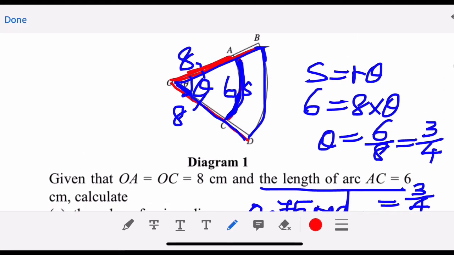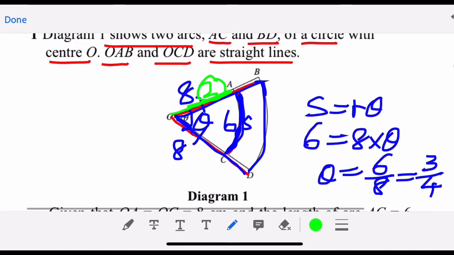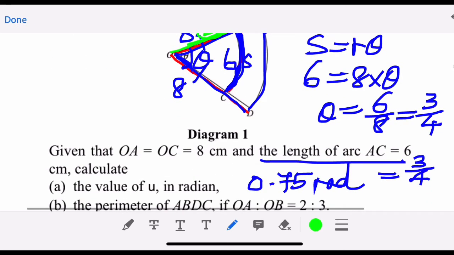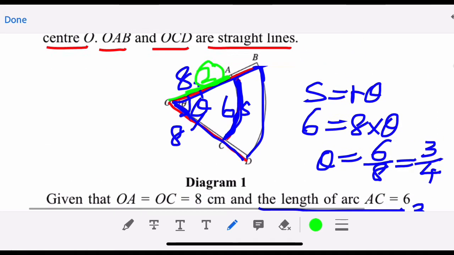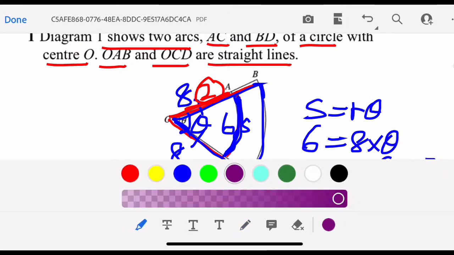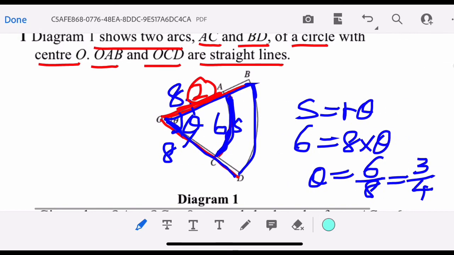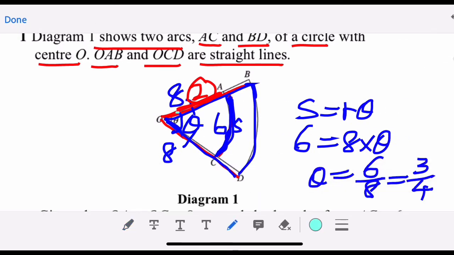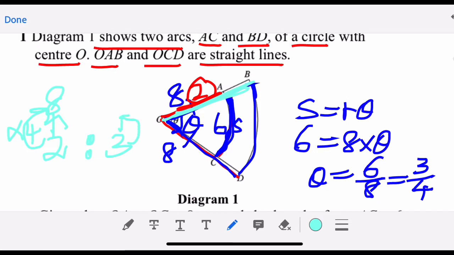OA is ratio 2, so if 2 equals 8, what about OB, which is ratio 3? You have to multiply by 4, so it should be 12. Some of you forgot the ratio, that's why you cannot do it.